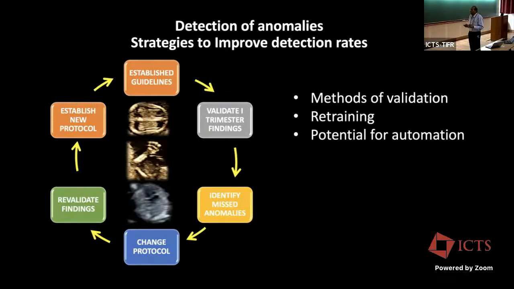I identify missed anomalies, so every time an anomaly is missed, I ask myself, should I have interpreted this? Can I go back to the image and see whether this image was appropriate or not? Then I change my protocol. I revalidate the findings and establish a new protocol, and say, okay, I have to turn the probe a little bit this way to get this, so that next time I will not miss it. But this again is retraining, and this is where the potential for automation is.